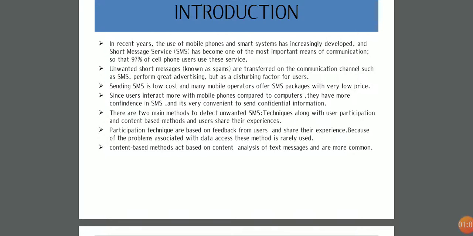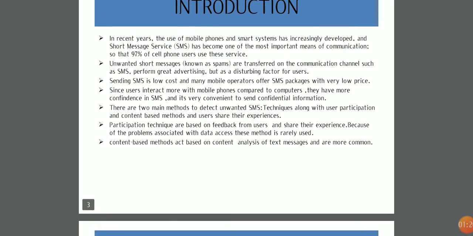In participation techniques, users share their experience and give feedback, but because of the problems associated with data access, this method is rarely used. The content based method acts based on content analysis of text messages, and this is the most common method.